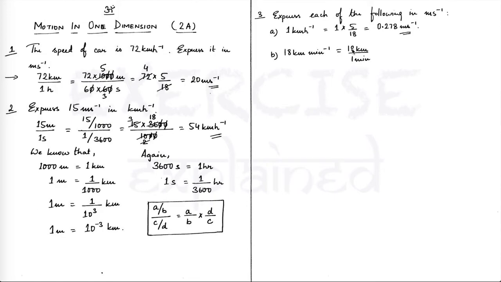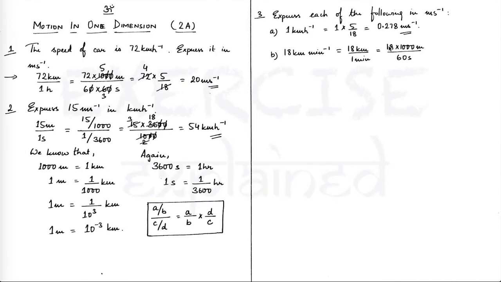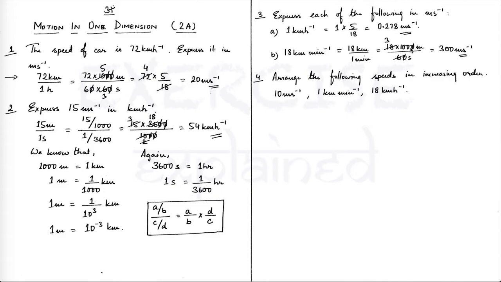As all of us know, 1 kilometer is 1000 meters, so 18 kilometer will be 18 into 1000 meters, and 1 minute is 60 seconds, so we can write it as 18 into 1000 divided by 60. Now we can cancel 0 0, and 6 3s are 18, so 3 into 100 gives us 300 meters per second.